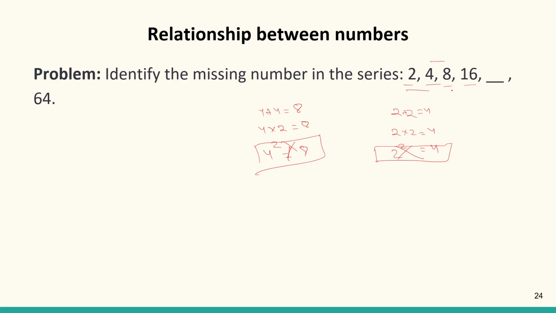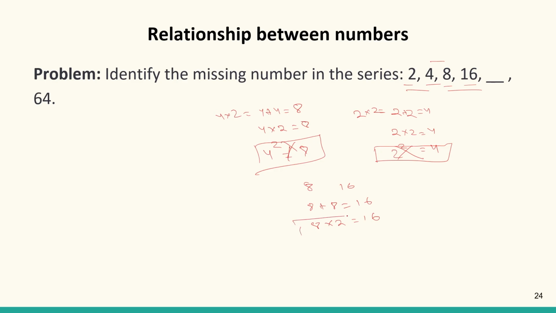Let's see the third pair, that is 8 and 16. How can we get 16 from 8? 8 plus 8 is equal to 16, or 8 into 2 is equal to 16. This is nothing but 2 into 2, and this is nothing but 4 into 2.